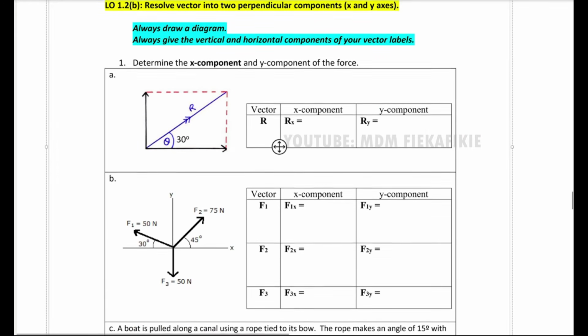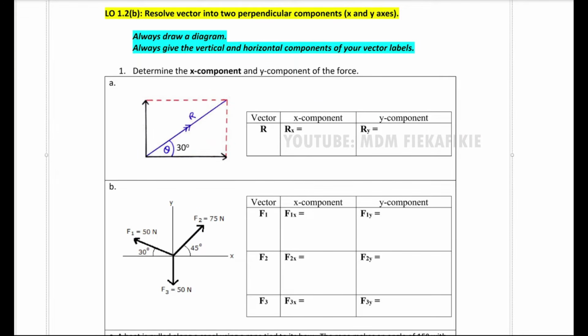Alright, next. 1.2b. So, we want to resolve the vector into two perpendicular components. Kita nak resolve kepada x and y axis. Jadi, kalau kita nampak dekat sini, kita ada satu vector r. Dia ada angle which is 30 degree to the horizontal.